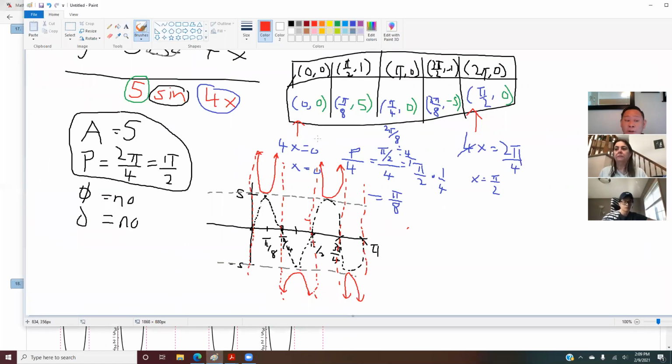And I told you before, in your test this is worth like 12 points, and you also have to tell me the domain and range here. You guys remember that? Does anyone know what the domain is in this case? Domain: all real numbers except what?